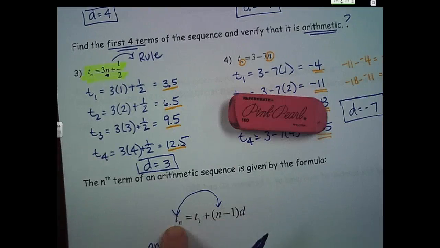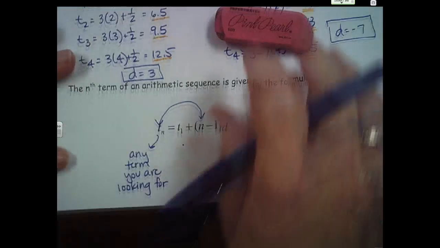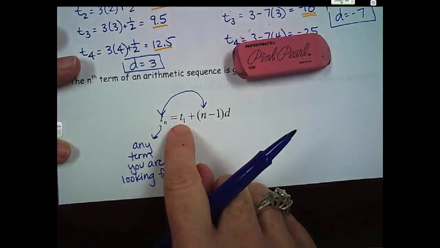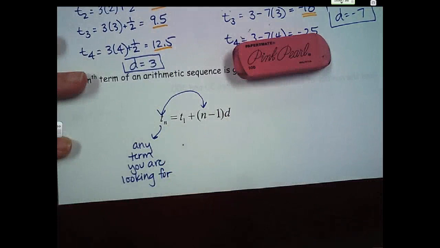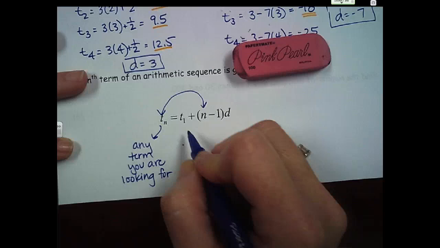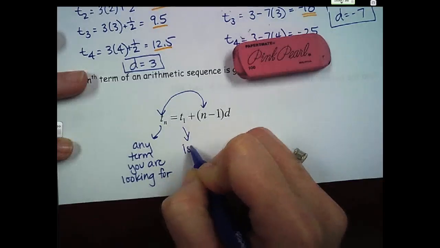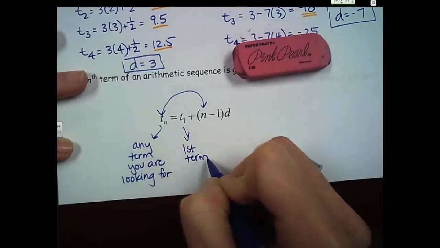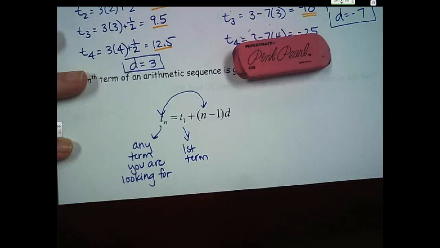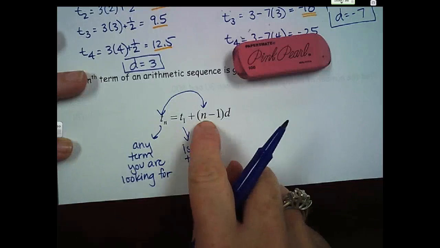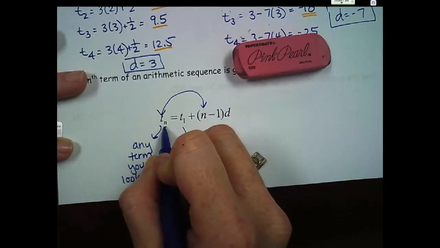Does that make sense? Okay, so now then, what do you think T sub 1 would mean? What do you think T sub 1 is? Nobody knows? Want to guess? The first term. The first number, yeah. T sub 1 is the first term. Okay, and we already decided what n stands for. N is actually used here and here.